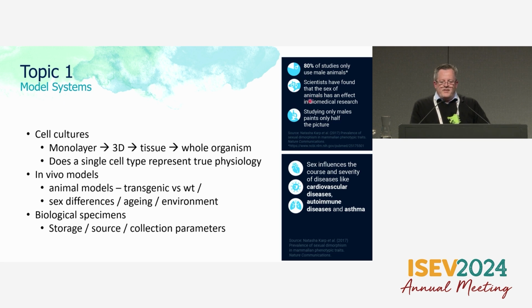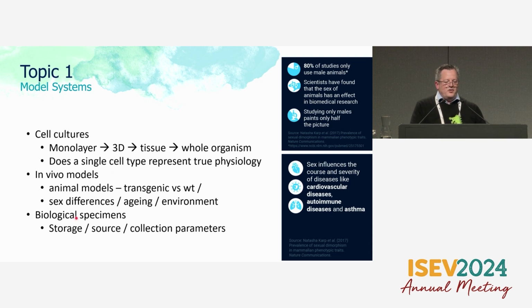And that the sex of animals has an effect in biomedical research, and sex influences the course and severity of diseases like cardiovascular disease, autoimmune disease, neurodegenerative diseases, and asthma. This is why you need to consider too with your model system, should I be looking at both sexes to really obtain the full biological readout for the experiment you're doing.